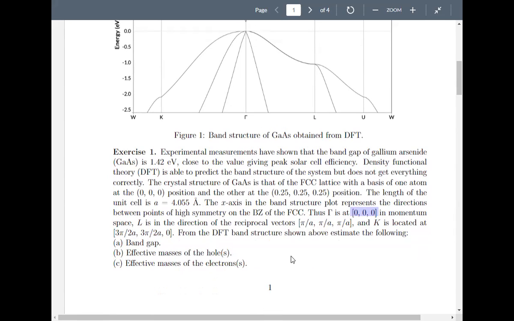Once you do the quadratic fit, you can take the second derivative of it, which is what you need for that effective mass. I don't know if anybody has questions at this point. This is the hardest part of the assignment, mainly because you probably haven't done all of those steps before. Maybe you've done a few, maybe you know how to do quadratic fits. Everybody knows how to do quadratic fits of data?